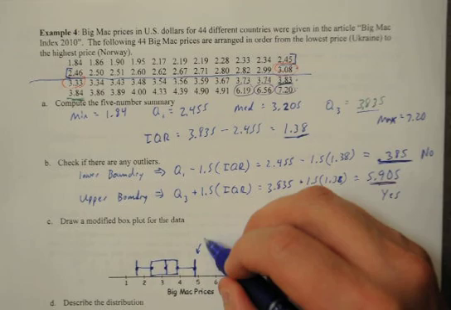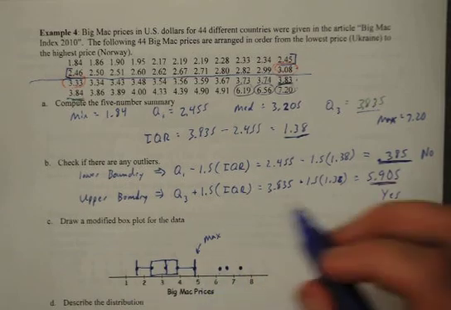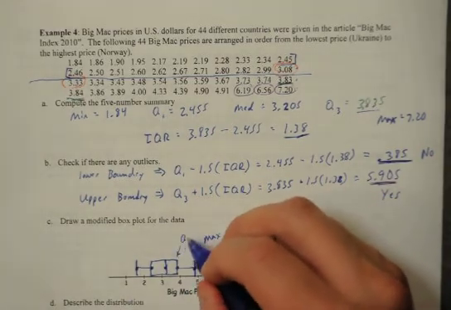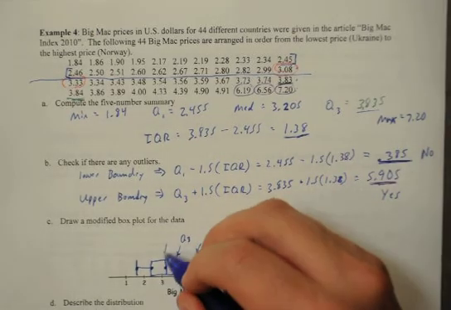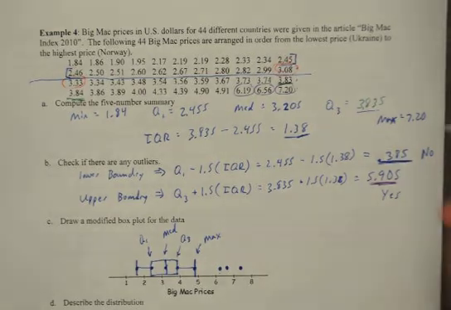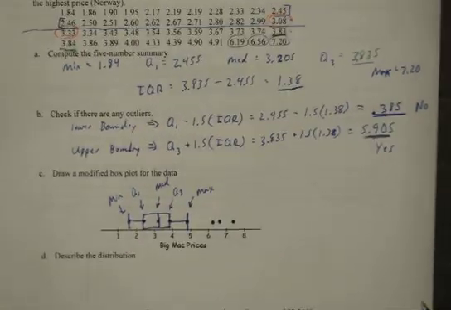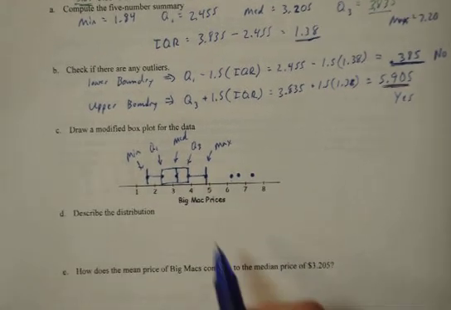You got your max, not including your outliers. This is called a modified box and whisker plot. You do not include the outliers. This is Q3. That's your median. That's Q1. And that's the min. This is called a box and whisker plot because it looks like a cat, I guess.